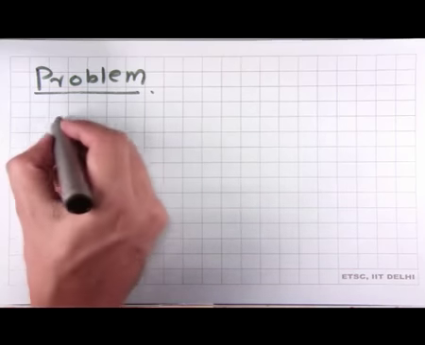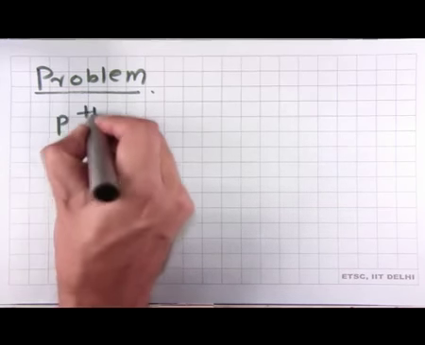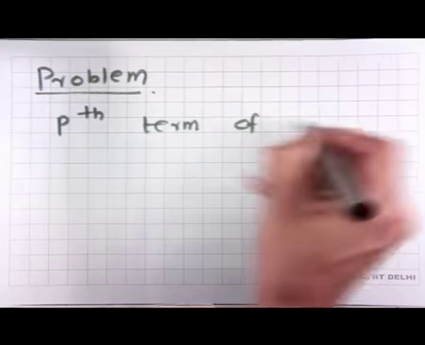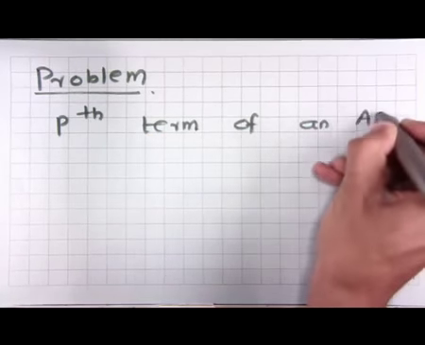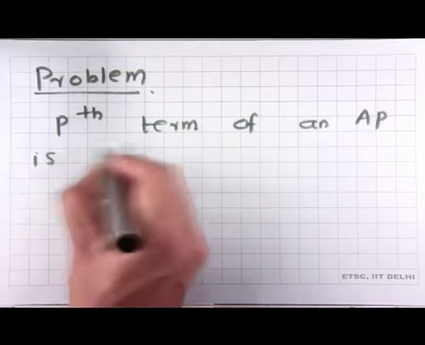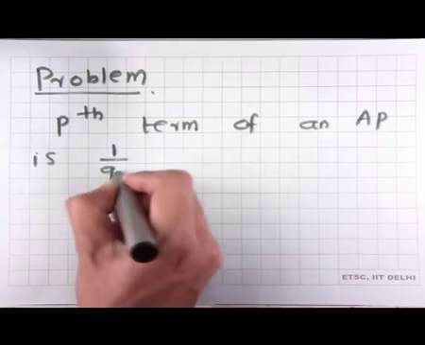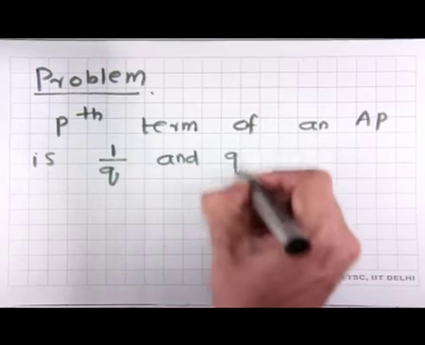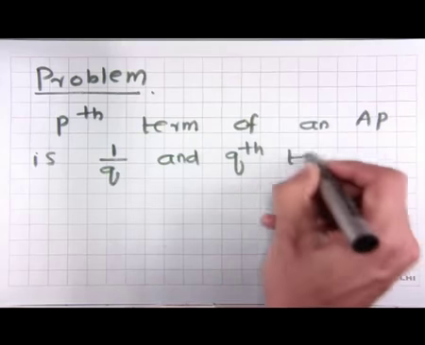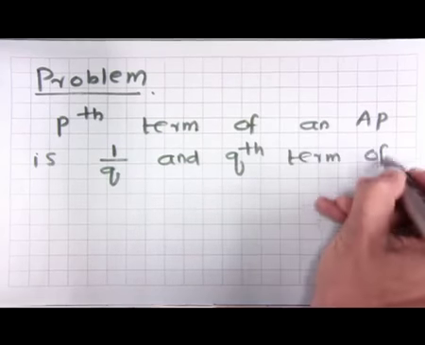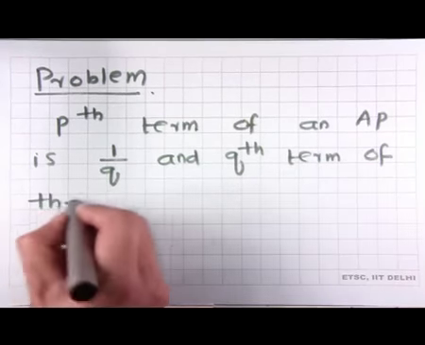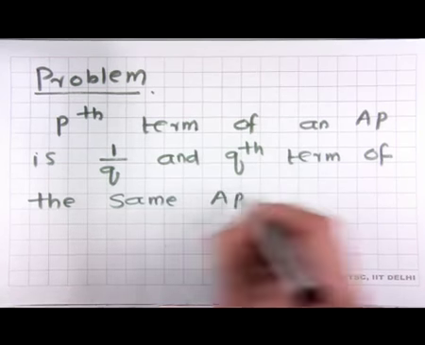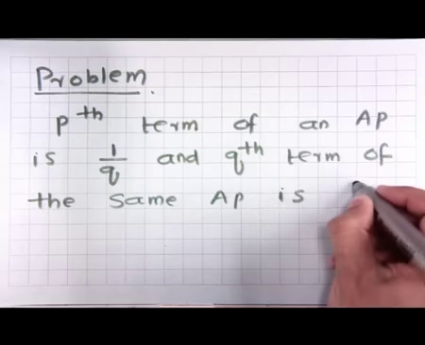Pth term of an AP is 1 by q, and qth term of the same AP is 1 by p.